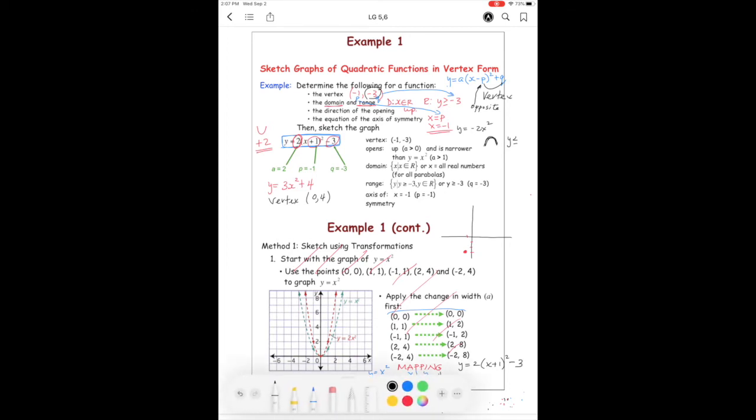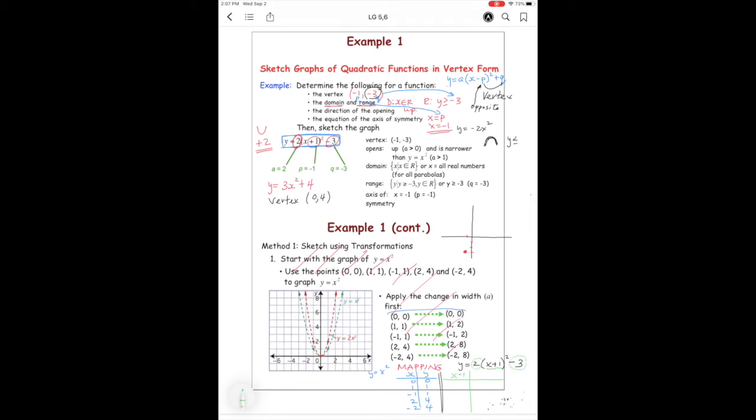Now, we are going to map with our transformation going on here. So what's going on here? Let's have a look. Okay, with the x, right here's the x, we are subtracting 1. Remember, it's the opposite, so we're going left 1.